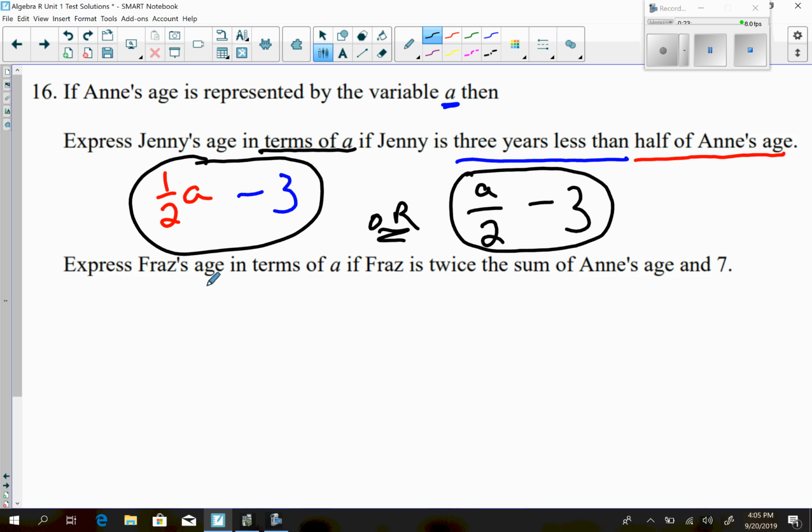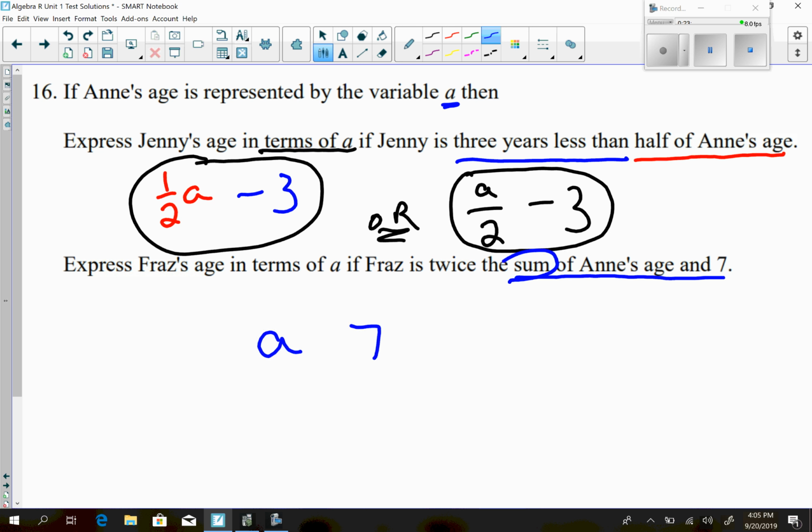Express Franz's age in terms of A if Franz is twice the sum of Anne's age and 7. The sum means add. We're going to add Anne's age and 7. Here's Anne's age. Here's 7.